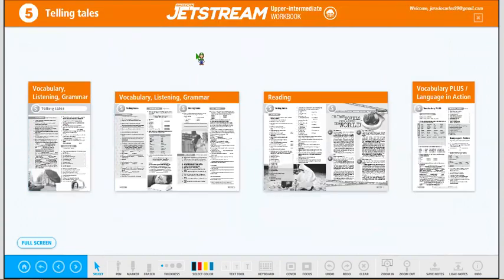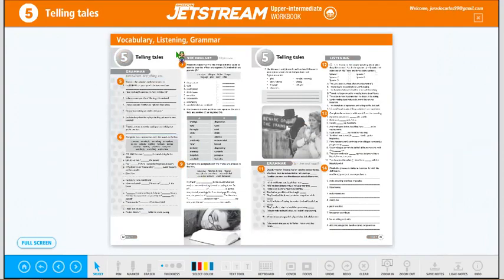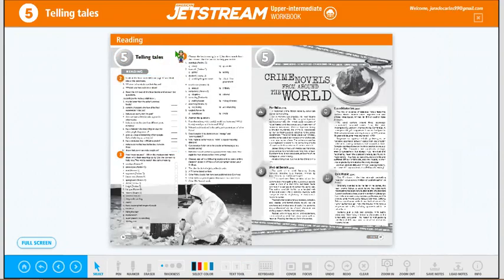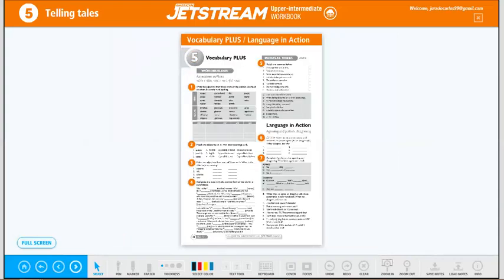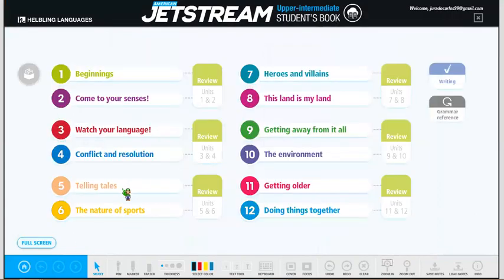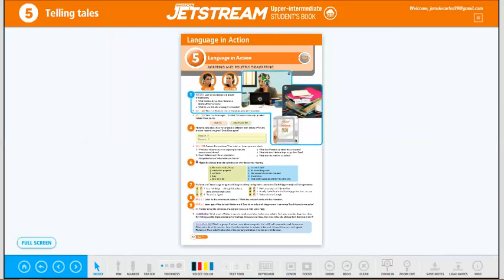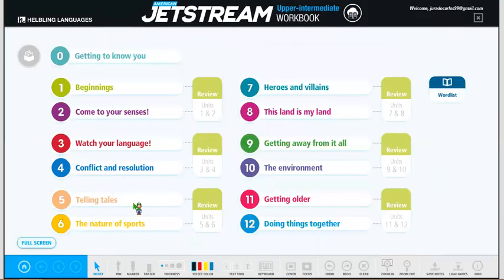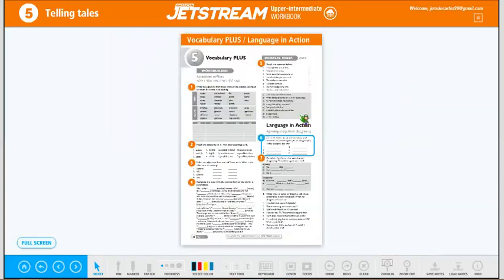So you come to the workbook and you see, here, for example, about telling tales and stuff, and then you continue with this, crime novels, and then language in action, you can see. So if you are working on language in action, you will just work on language in action from the workbook, no?